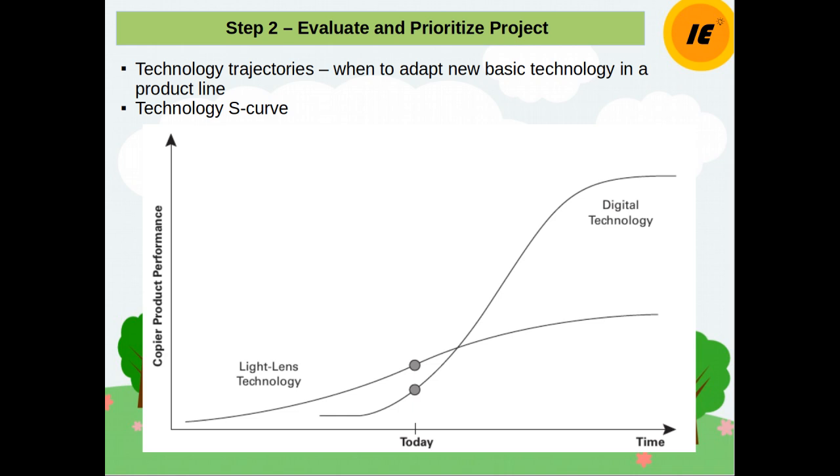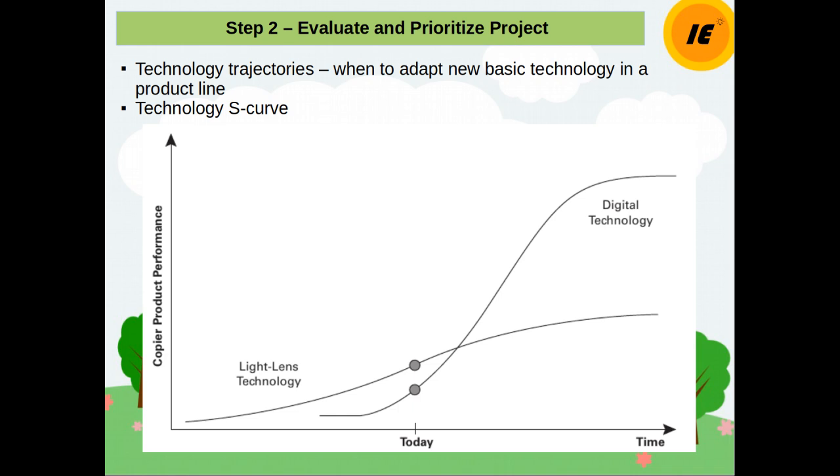That means certain equipment or certain products keep using a technology. For example, in case of a photocopy machine, previously people used light lens technology, which is a basic technology generated from fundamental research, and then there is an alternative, which should take over the market as its successor, which is the digital technology.